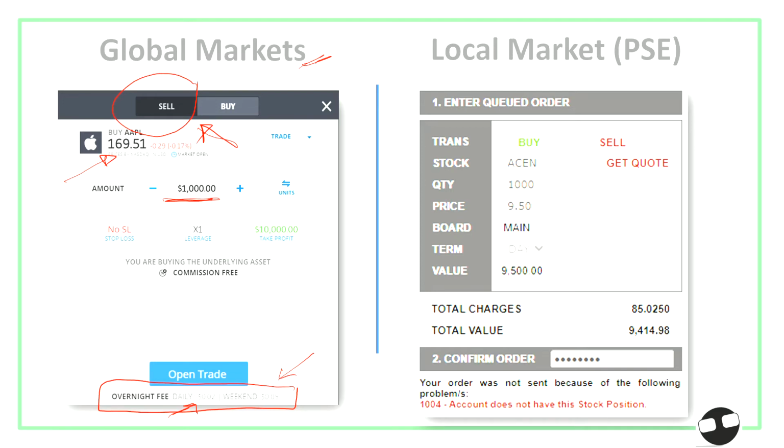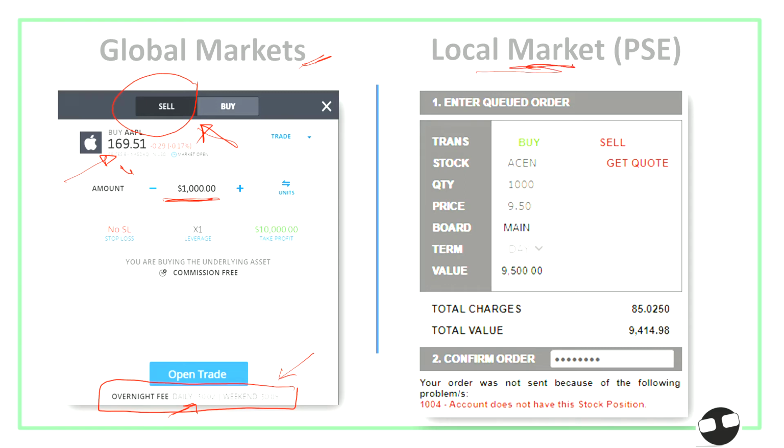So you don't have the asset yet in your portfolio, but you want to trade it and you want to sell it. Your broker would need to borrow those Apple shares from elsewhere and then lend them to you. So that's how short selling actually works.